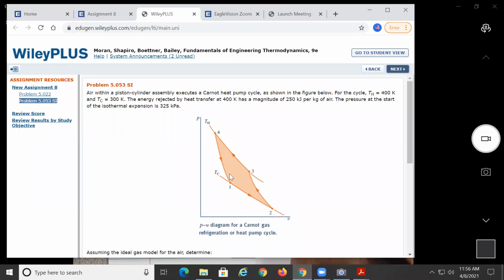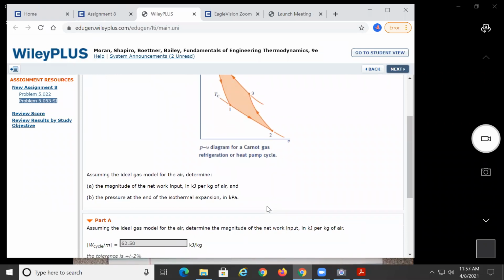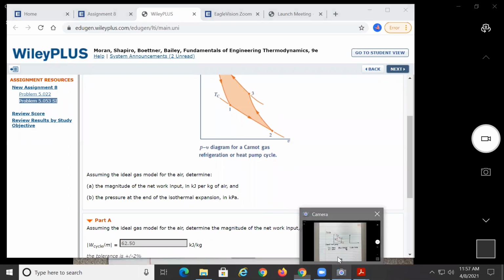So P1 is 325 kilopascals. So that's at T cold. Okay. The magnitude of the net work in kilojoules per kilogram of air. Okay. Let's do this. So there we go.